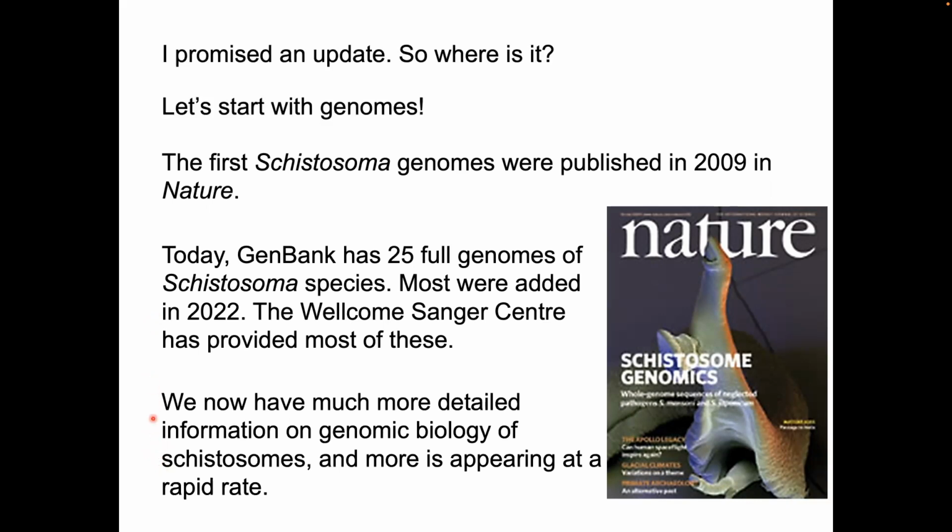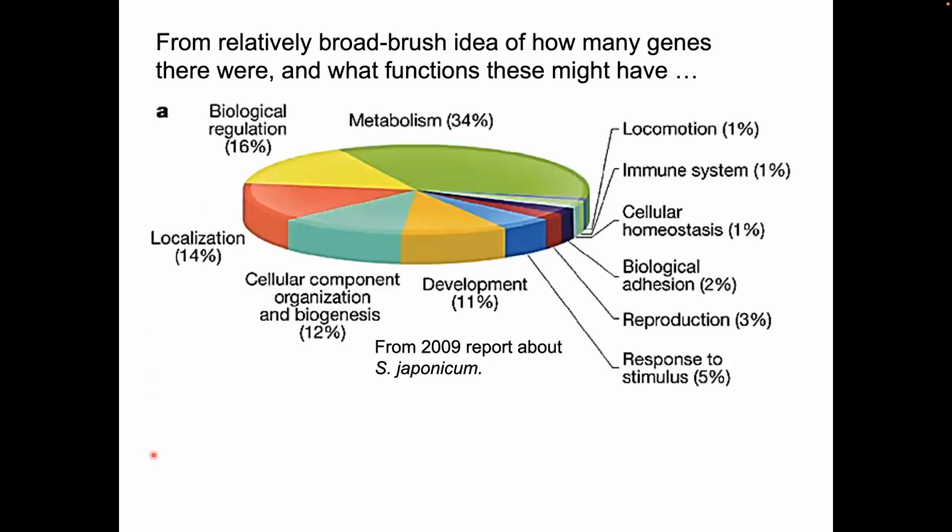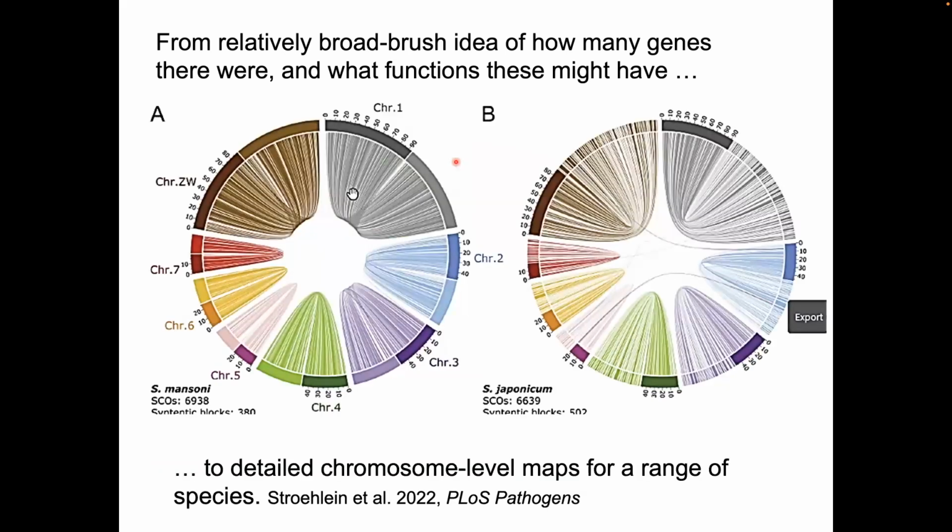So now we can start asking much more detailed questions. From the original, oh yeah, we think these genes are involved in biological regulation. What's that? And these ones are involved in metabolism. Yeah, can't you be more specific? Well, back then, no, you couldn't. Now you can.